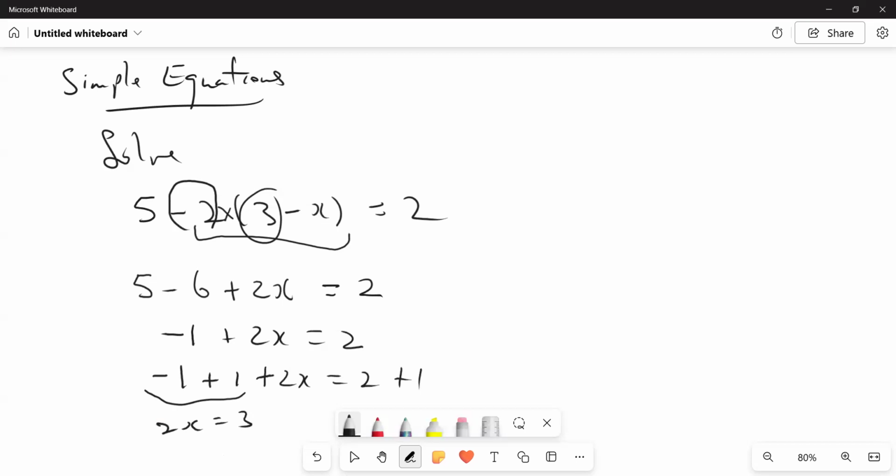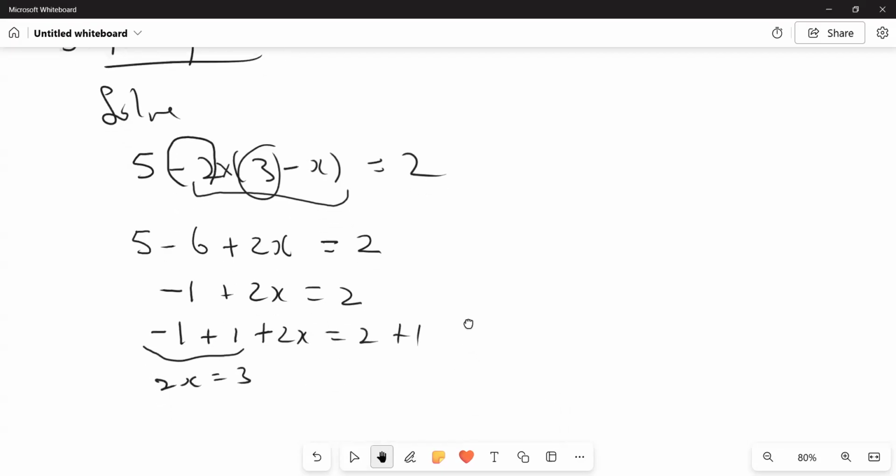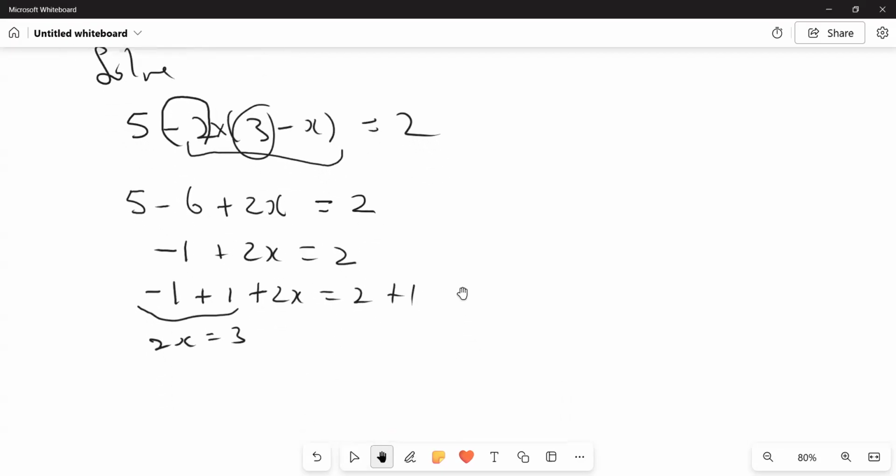And you can now divide both sides by 2, and you get x, this will cancel that, equal to 1.5.